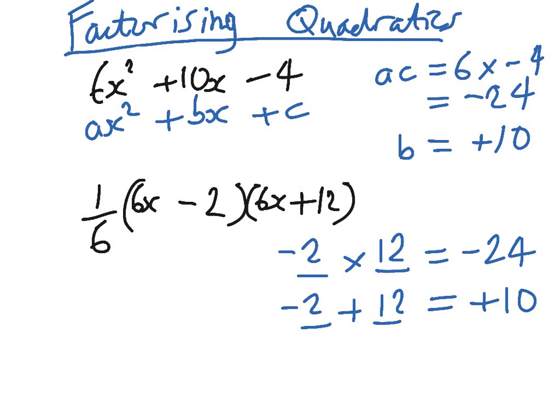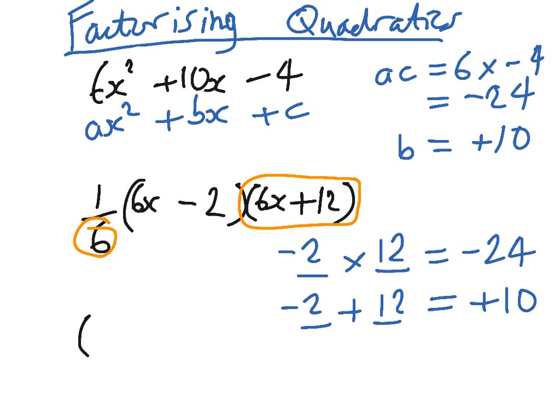The only thing left to do now is to look at either bracket and see, is there either of those brackets where both the terms can be divided by 6, which is why we've got the 1/6 multiplying these brackets. As we can see, we've got the second bracket where both 6x and 12 can be divided by our 6.